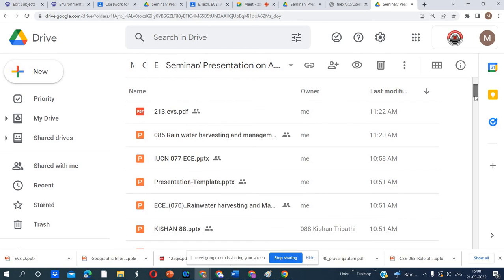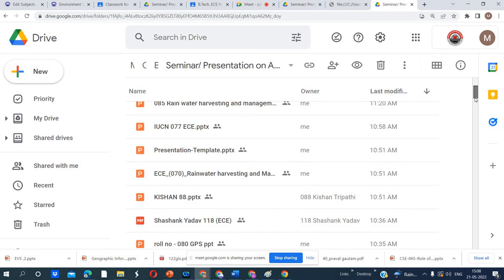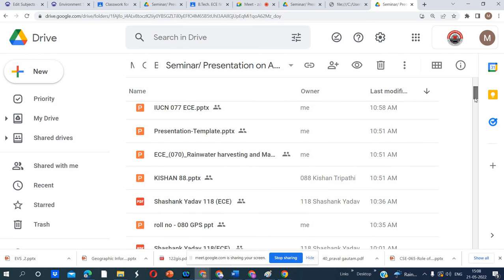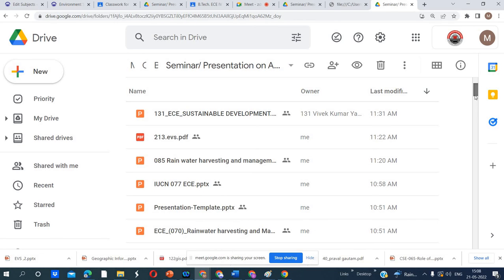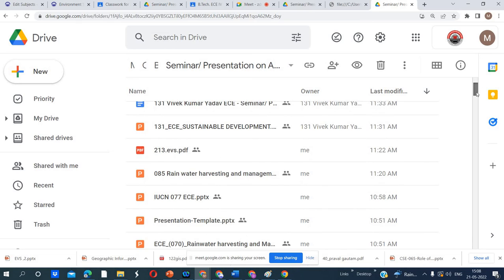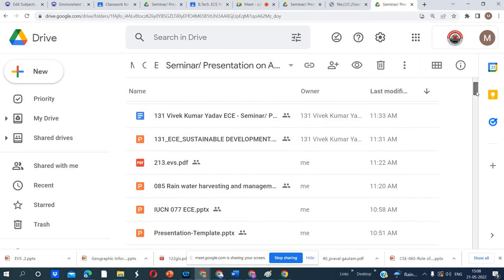When did you submit? Around 11 something. Which one is your file? It would start from 091. At 11 o'clock, there is no file, I think. What is the roll number? 091.